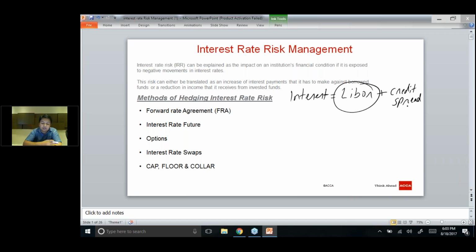There are other methods to hedge the credit spread, but in interest rate risk management, we are only going to cover the risk management of LIBOR, the increase or decrease of LIBOR, obviously increase for the borrower and decrease for the lender. Credit spread hedging is not part of interest rate risk management. The part of interest rate risk management is only to hedge the LIBOR.